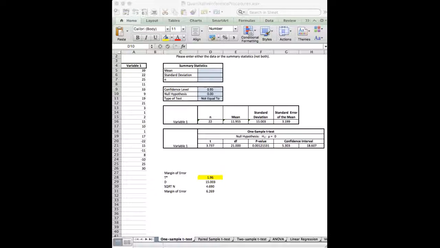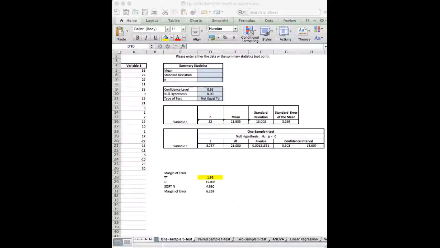Okay, so the point estimate looks like it's the mean. Oh, I see. Okay. The margin of error is 6.652. So this is what we need to do.